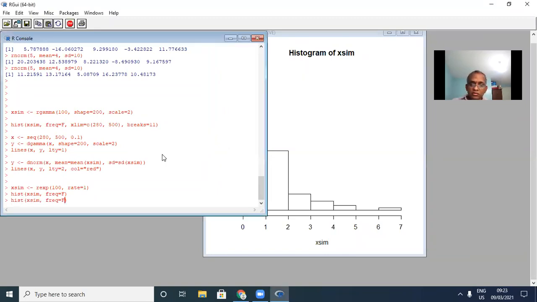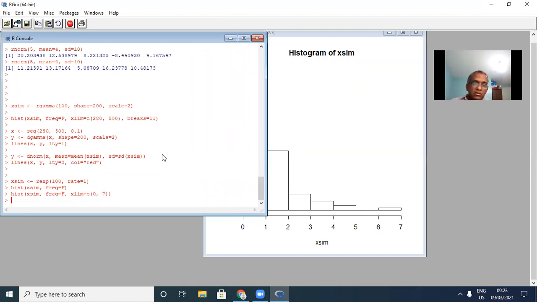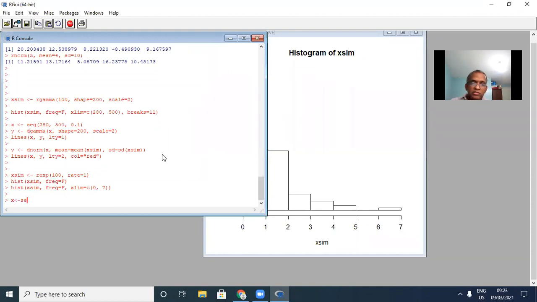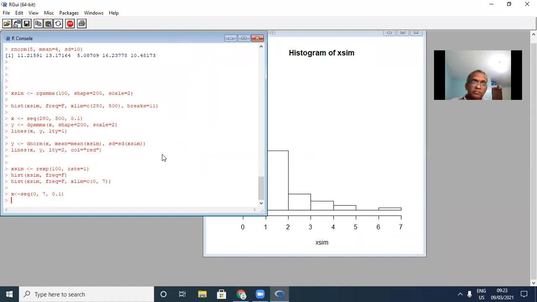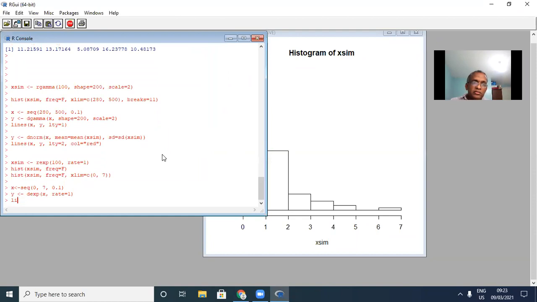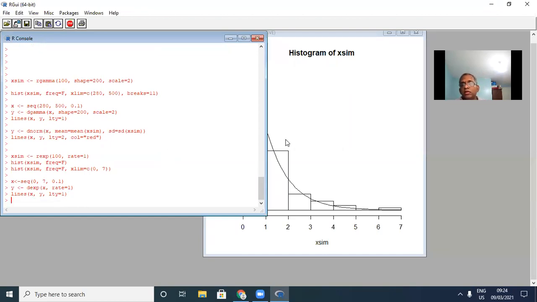So let me take the limits for the x-axis to go from 0 to 7. And let me define x to be a sequence from 0 to 7, say in steps of 0.1. And let me define y to be the density of the exponential at x with rate parameter equal to 1. Then if you do lines x comma y with line type equal to 1, this is what you will get.